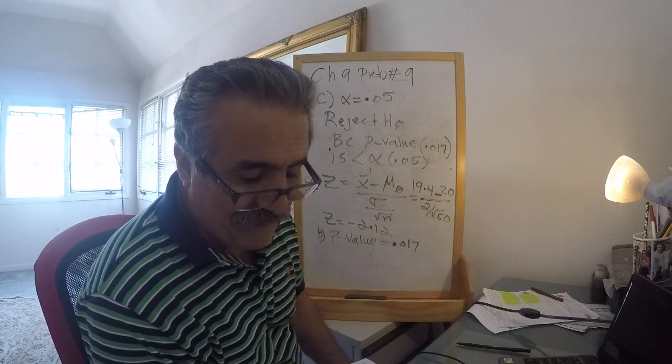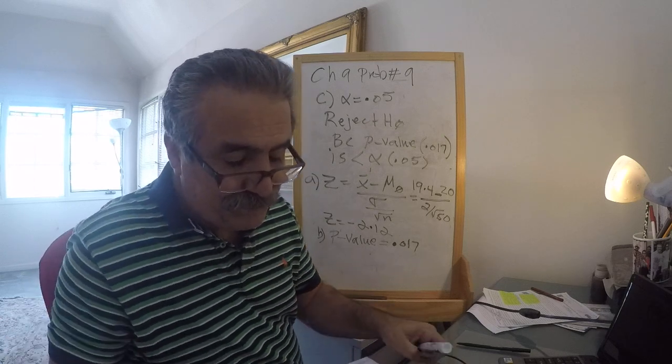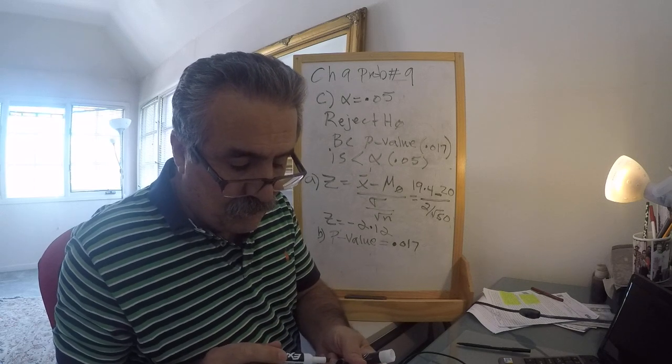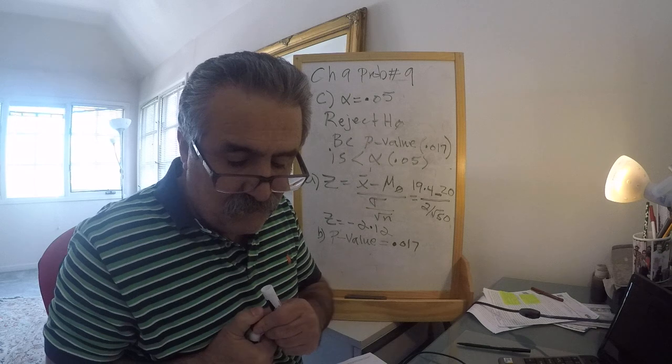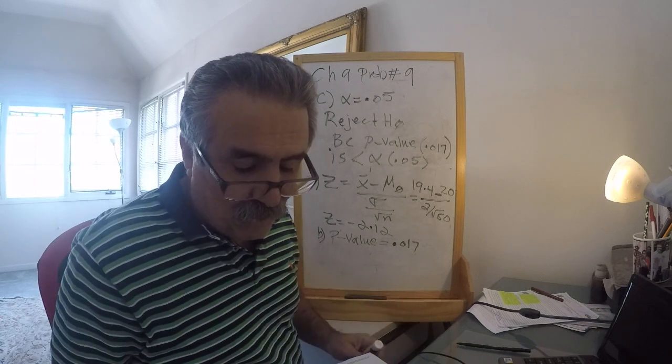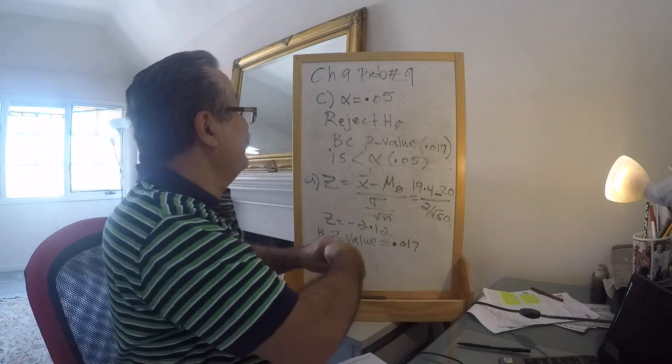For part D, what is the rejection rule using the critical value? And what is your conclusion?